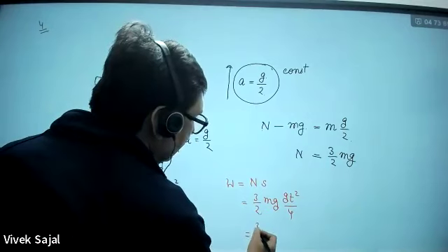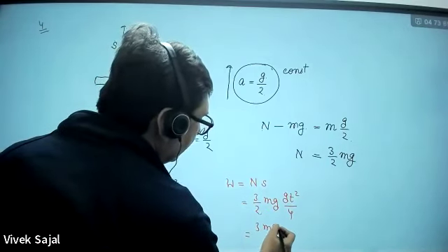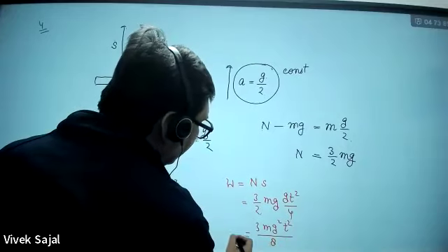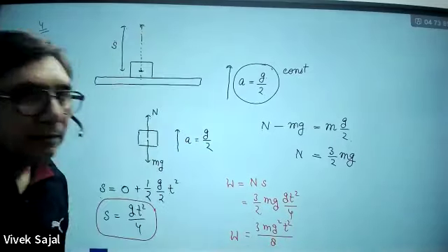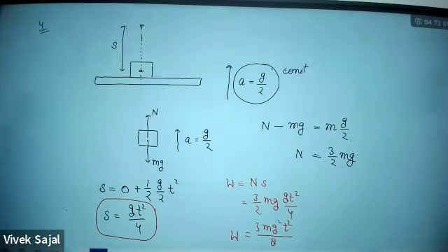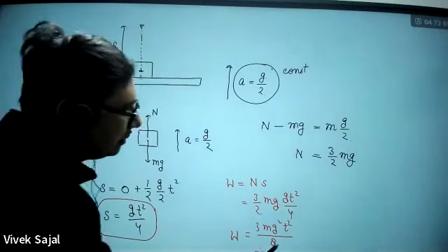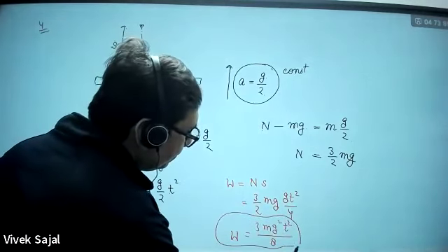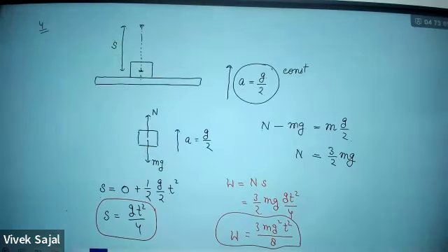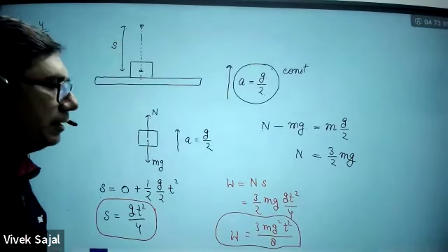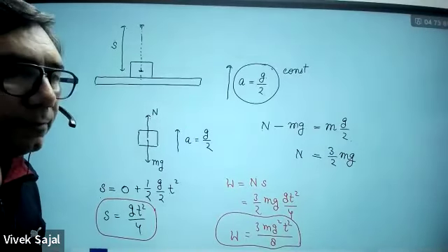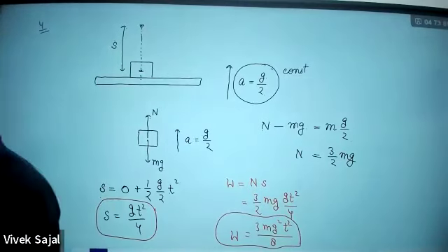So this will be 3 mg square t square upon 8. This will be the work done by the normal reaction. Is it okay with everyone? Question number 4. Yes, sir. Good. Now go to next question.